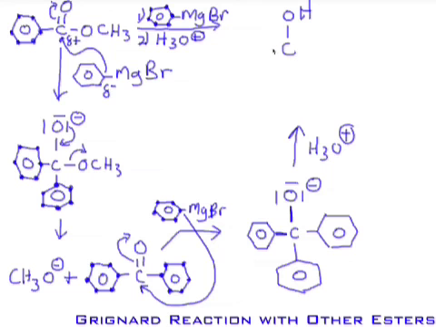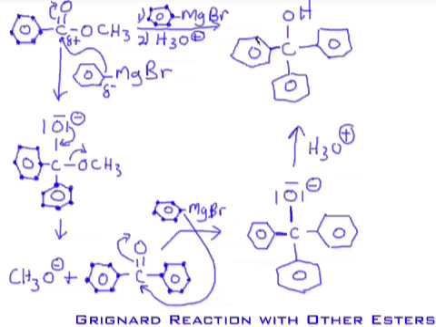And so we end up with OH on a C with 3 phenyl groups off of it. And I'll put dots here so you can see the 6 carbons clearly. So my 6 carbons, and 3 aromatic rings. This molecule is called triphenylcarbinol.